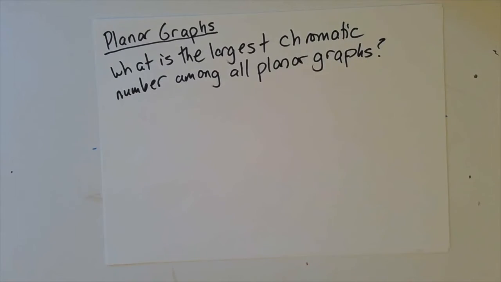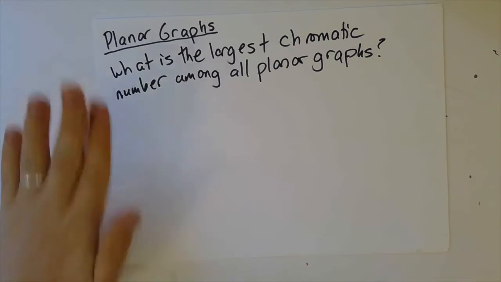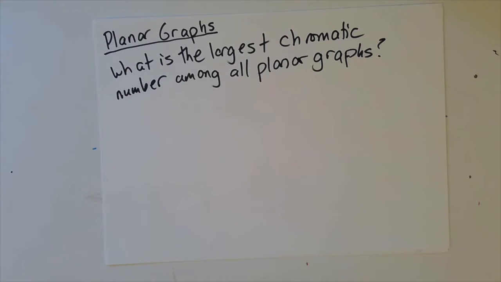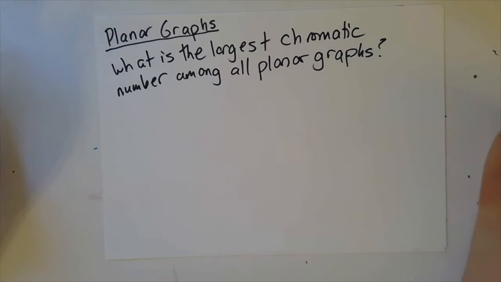Okay, and I'll point out there's no reason a priori to expect that there's any finite answer to this question. There's no reason to suspect, okay, well, there's definitely no planar graph whose chromatic number is 20, or definitely no planar graph whose chromatic number is 1,000,000. A priori, there's no reason to suspect that this is finite.